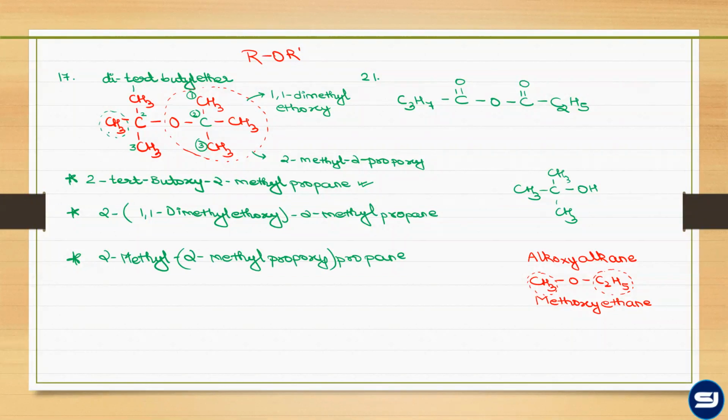So if I consider this as substituent, it is methyl, and this entire substituent can be named as 2-methyl prop-2-oxy या 2-methyl propoxy. मतलब अगर ऑक्सीजन के रेडिकल से नंबर किया तो फिर 1,1 dimethyl ethoxy, and if you consider the longest chain of 3 carbon, then 2-methyl 2-propoxy would also be the correct name. Clear?